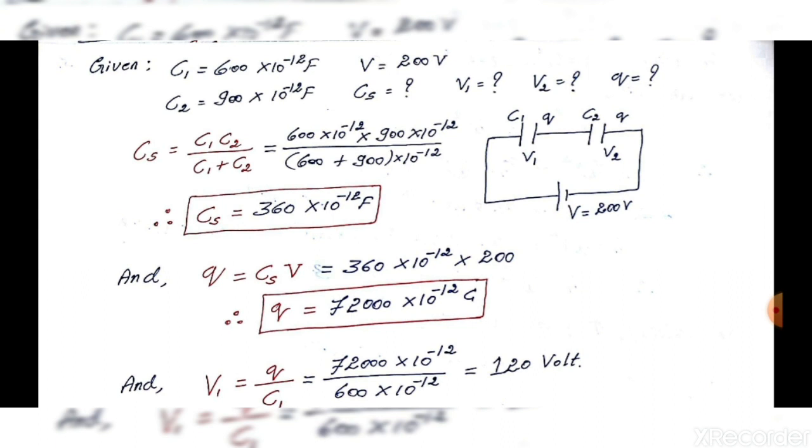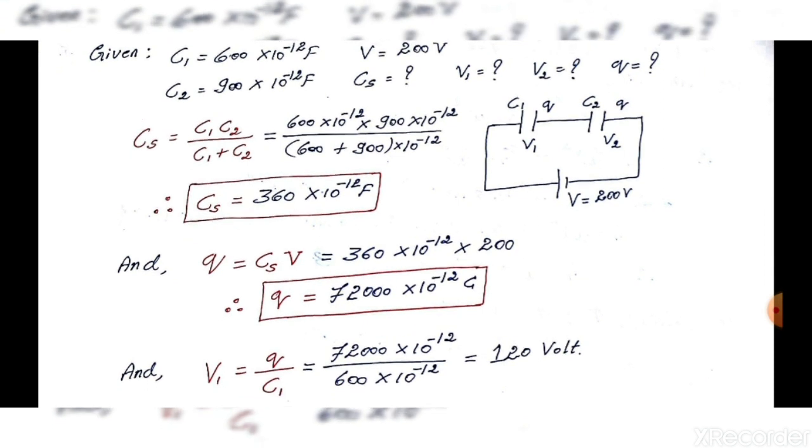Then we have to find the charge on each capacitor. We know that in series the charge remains the same, so just find one formula: Q is equal to Cs into V, because they are in series. Substitute the Cs value from above, into V. V you can see in the picture is 200 volt. So the charge is 72,000 into 10 power minus 12 coulomb.